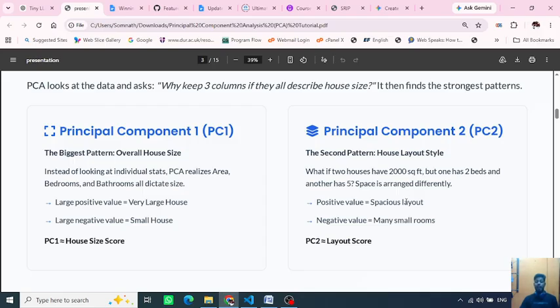So space is arranged differently, right? A positive value equals a spacious layout, and a negative value indicates many small rooms. So PC2 is equivalent to a layout score.